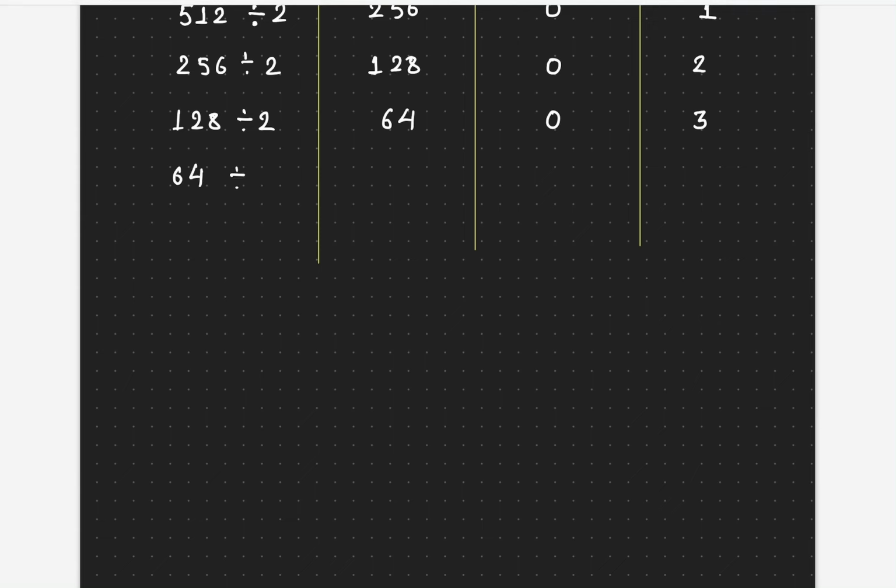64 divided by 2, you'll get 32, and there is no remainder.